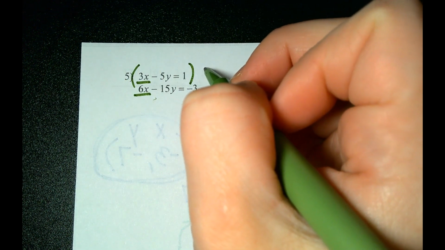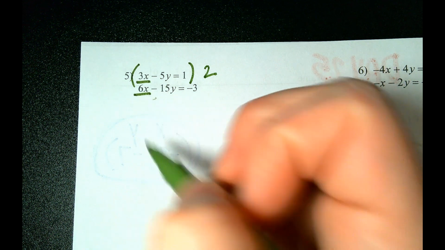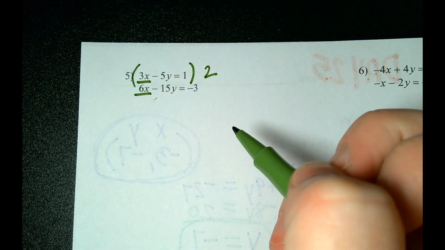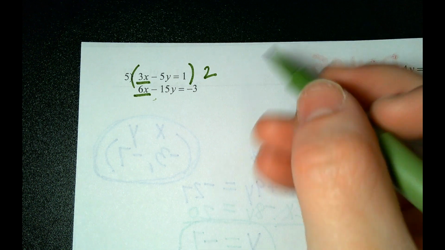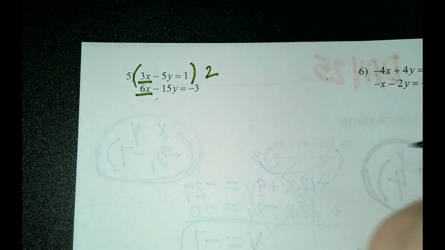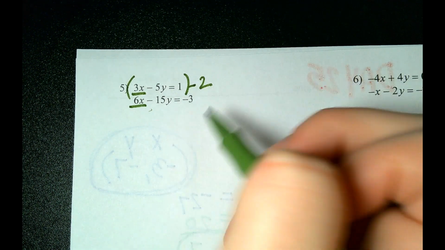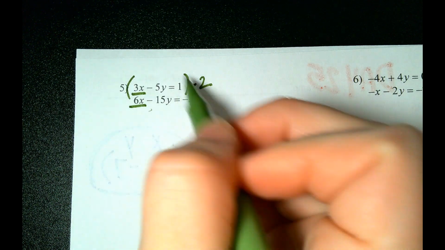We can multiply by 2, so that'll make this 6x and 6x. But Cody, you said negative 2. Should we multiply by 2 or negative 2? Yes. So we actually want to multiply by negative 2 here.